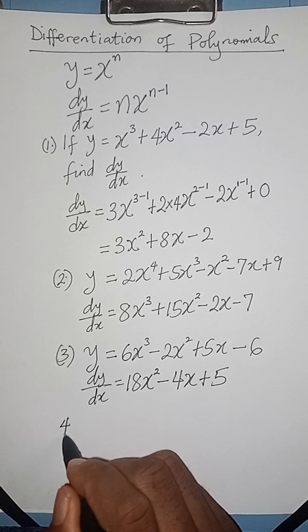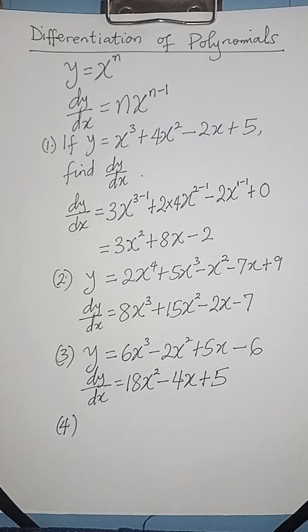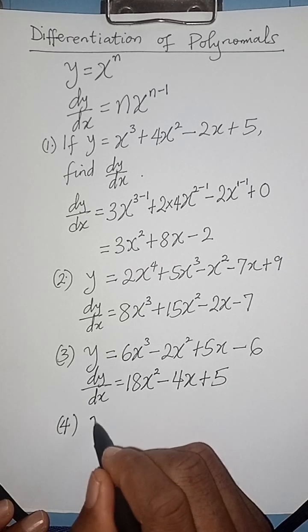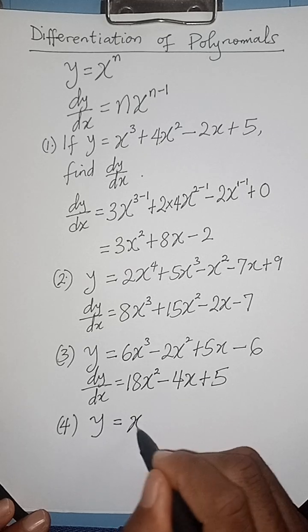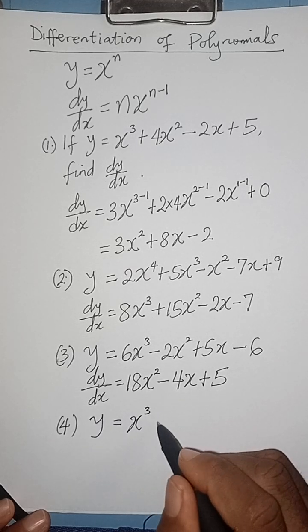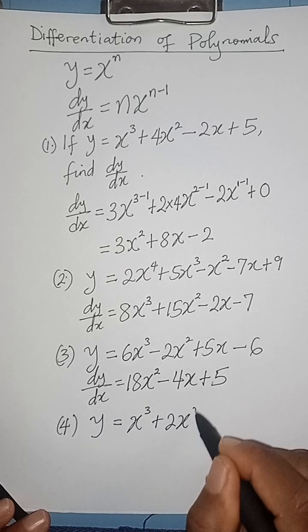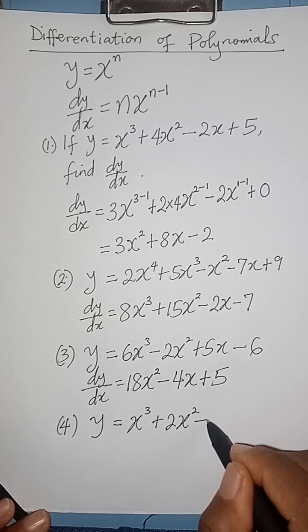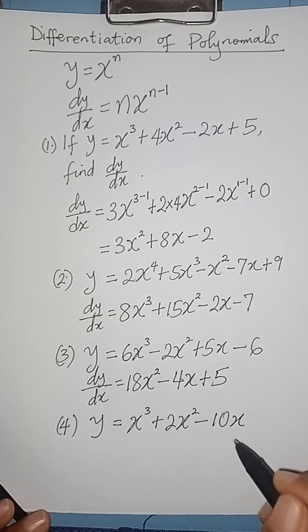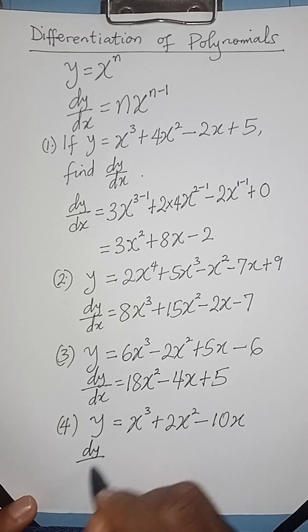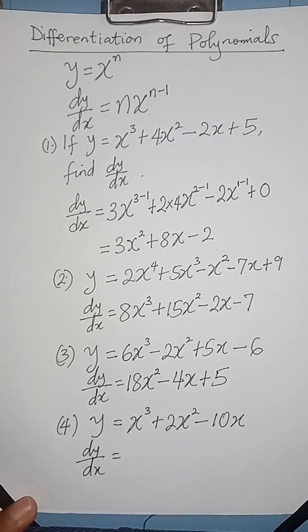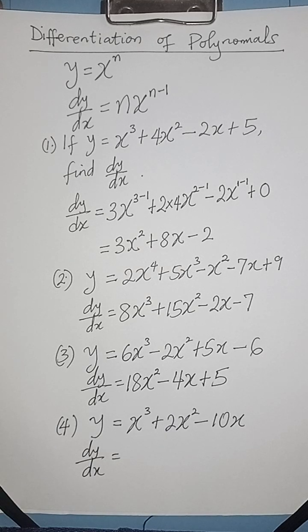Now let's go to number 4. Number 4 question is y is equal to x raised to power 3 plus 2x squared minus 10x. So find dy/dx. Very easy.